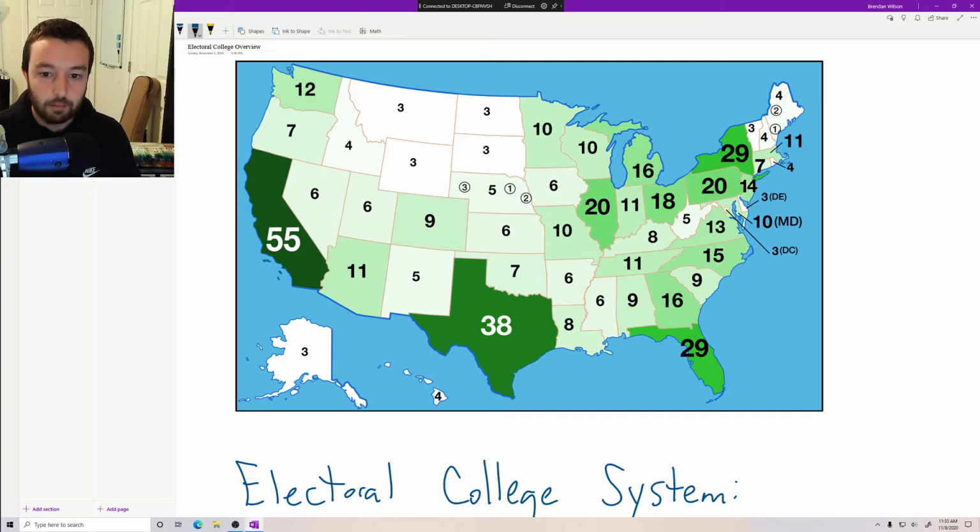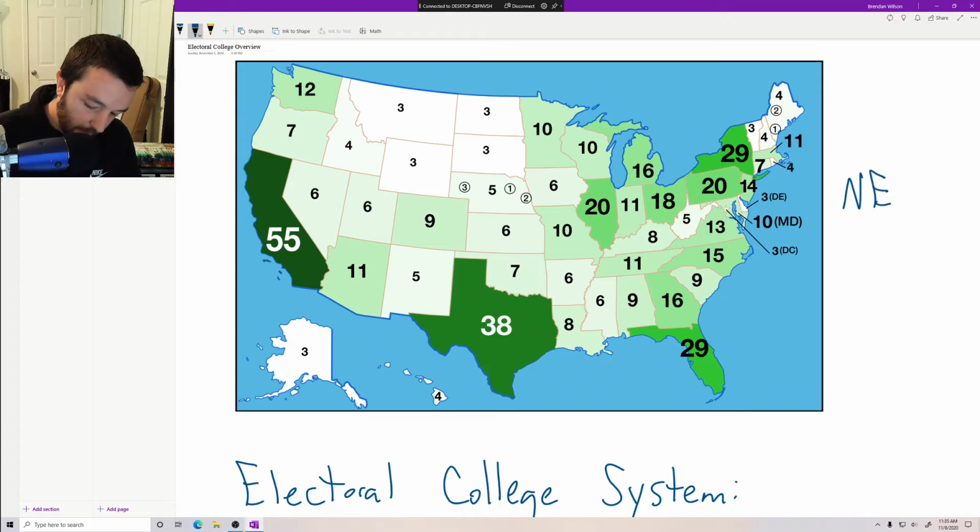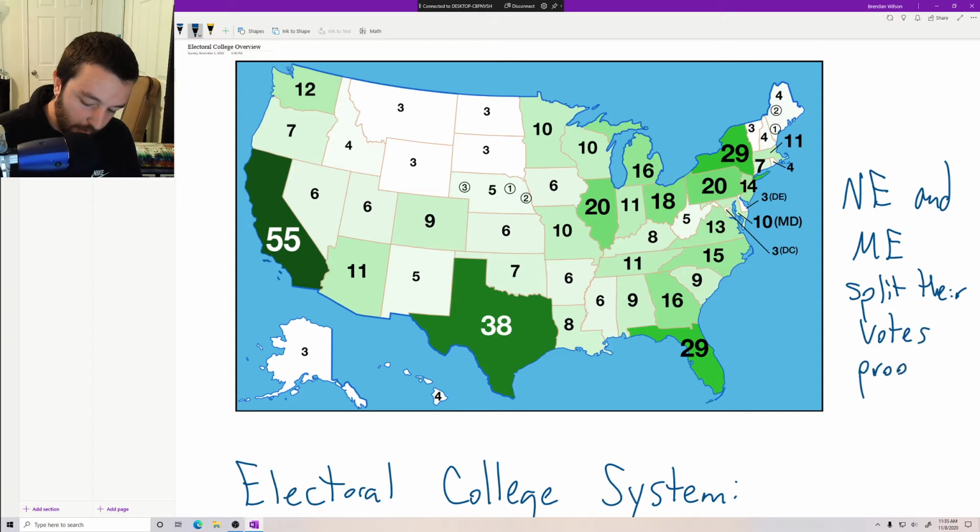Okay. So it's kind of like a winner take all system for the majority of states, where whatever candidate gets the most votes, they get all of the electoral college votes. Sometimes people call it first past the post, with two exceptions. One is Nebraska and one is Maine. Nebraska, which is NE, and Maine, which is ME, split their votes proportionally.